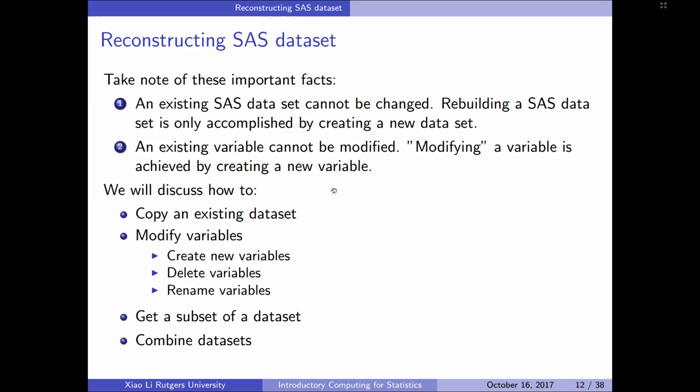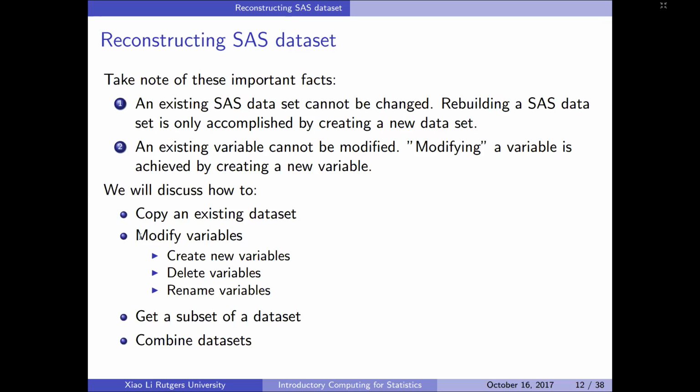You can see the difference in the following examples. Here on reconstruction of new data sets, we will discuss how to copy from an existing data set, for which we will use the set statement.